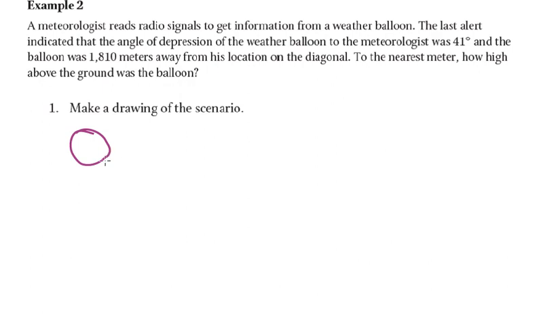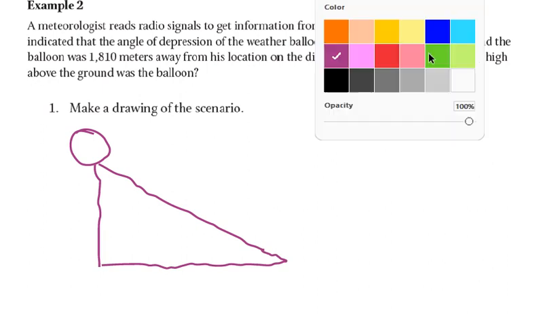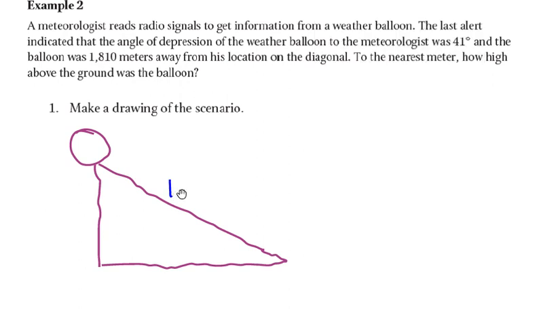So what that means here is if this is where our balloon is, we know that we're going to be dealing with a right triangle because this is our trig unit. So we've got our balloon, and then we've got our right triangle. So let's start filling in some stuff that we know here. It tells us that the diagonal is 1,810. So we know we're going to be dealing with the hypotenuse because we have that.